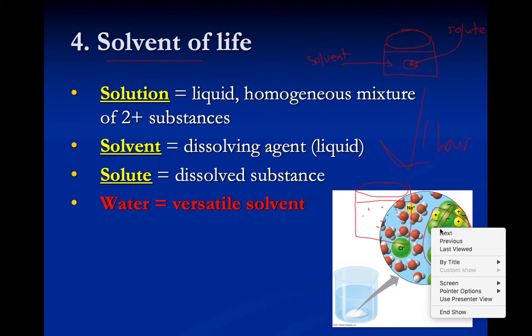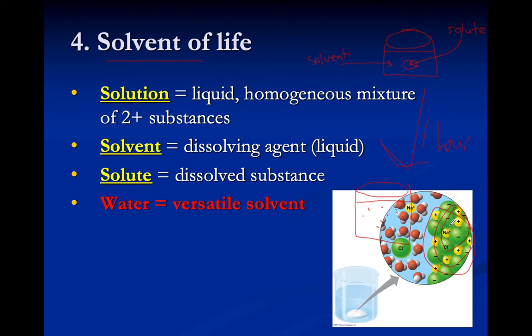You see how it's kind of locked together, but over here we started to see some of them come apart. These are water molecules, just like we saw before, and they're surrounding each of the ions. They get into all these little grooves, surround the sodium ion and the chlorine ions, and just separate them.